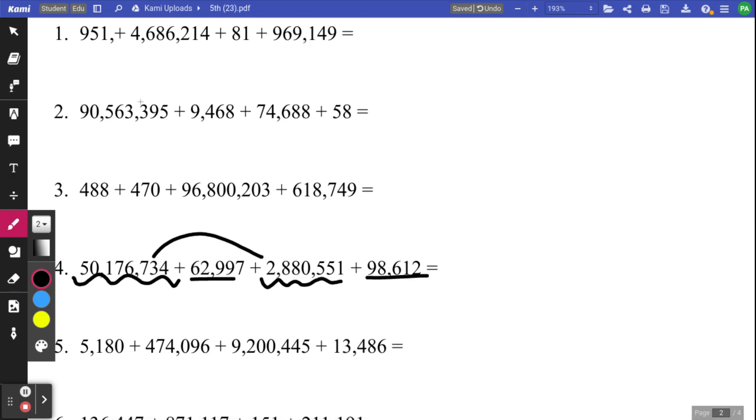5, 0, 1, 7, 6, 7, 3, 4. And then we're going to align it. So we have the 2 over here, 880 and 551.